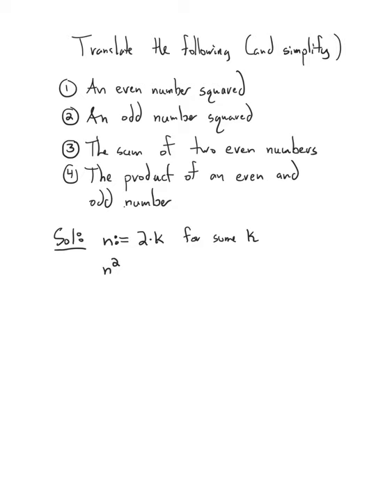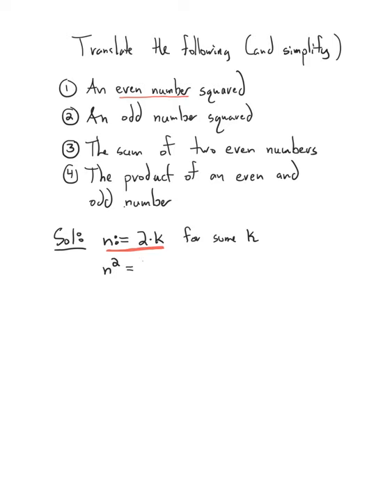So knowing that n is an even number, I can write it as 2 times k. Again, there's nothing special. I used n and k again because I talked about them in the last slide, but you could use different variable names if you like. There's nothing special about n and k. So I want to write an even number squared, n squared. So you could think you're done, but let's simplify this.